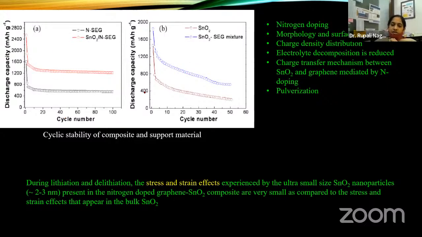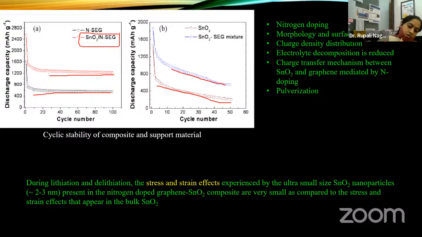This is the stability of the cell created by SnO2 and by SnO2 on graphene support. You can see that the discharge capacity decays. It's not flat. What we want is that it should give constant voltage for a large number of cycles. When you have this composite, SnO2 nitrogen doped graphene, up to 100 cycles the cell is able to maintain near about the same discharge capacity.